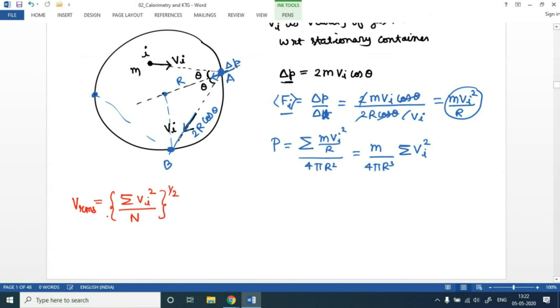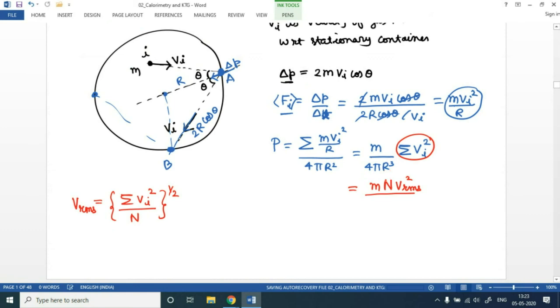So root mean square. Okay, so this is the definition. So clearly you can see that this quantity over here would be nothing but N times vrms square. So m N vrms square, and that is over 4 pi r cube.